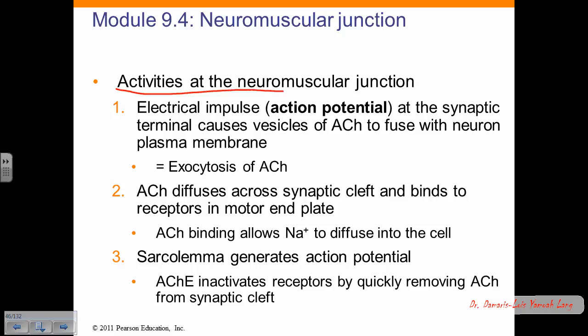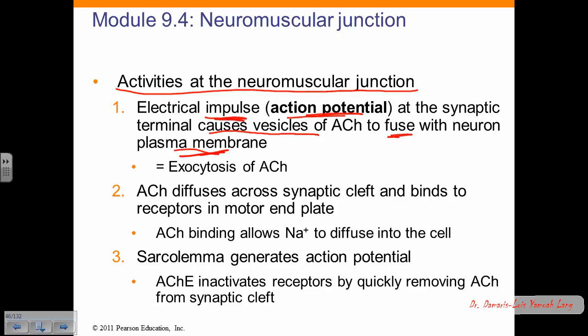So let's look at how the muscle is going to contract to begin with, or how the calcium gets formed, which I've already talked about. But again, I want to repeat myself. First, what happens? Electrical impulse, which is called what? Action potential, which has to do with sodium getting there. It will cause the vesicles to fuse with what?